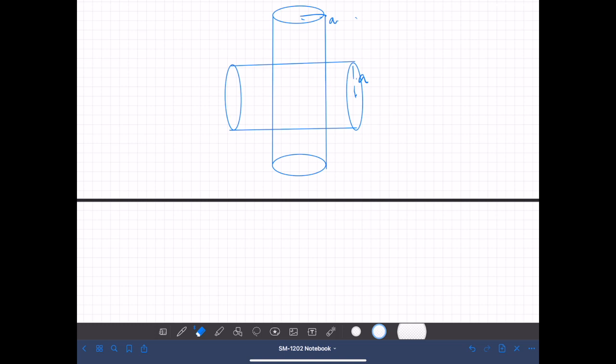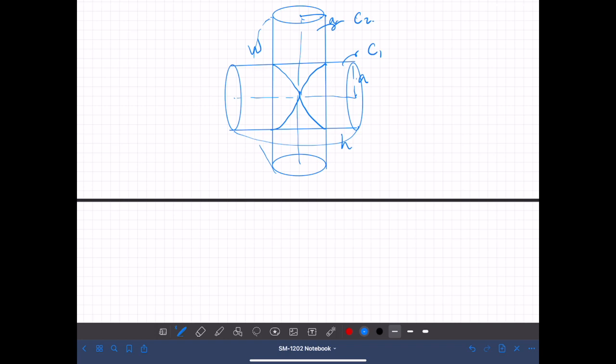We intersect these two cylinders at the middle points, so it will look like this. The height of this cylinder is w, and the height of this cylinder is h. Let's call this cylinder C1 and this cylinder C2, and the combined solid is the union of C1 and C2.